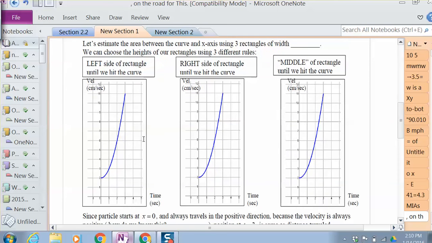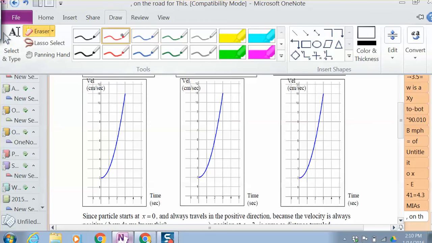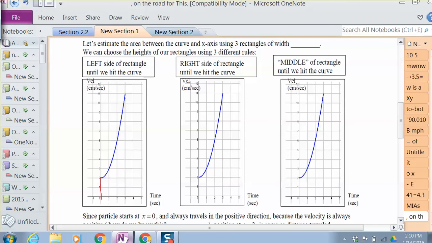So again, this is velocity versus time. And what we're interested in is finding, actually let's use a different color here, what we're interested in is finding this area.